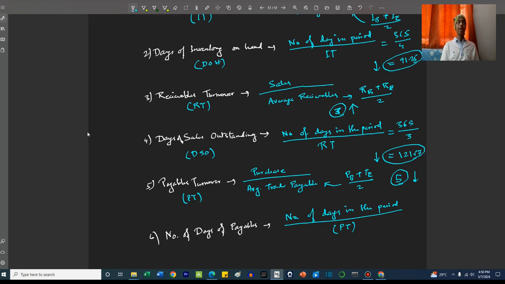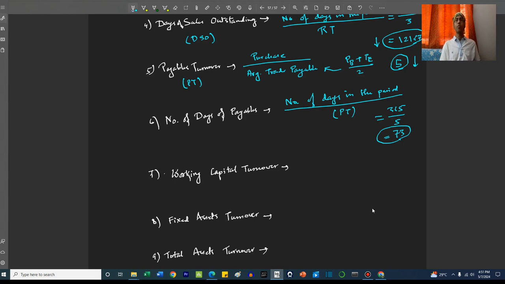If the payables turnover is 5 and the period is 1 year or 365 days, this comes to 365 by 5, which is equal to 73. So basically, in a single period, 73 days of purchases are not paid for in that same period. They are outstanding. So this number should be healthy, should not be too low, but should not be too high also. That can also be an indicator of a liquidity crunch.